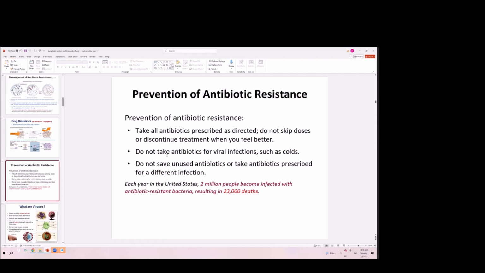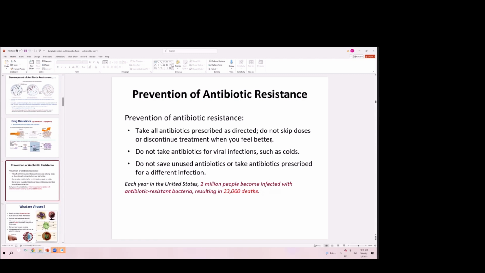I say prevention of antibiotic resistance ensures that we take all of our antibiotics as prescribed, not skipping doses or discontinuing treatment when we just feel better. And the other way is to make sure that we don't use antibiotics for conditions that are not caused by bacteria.